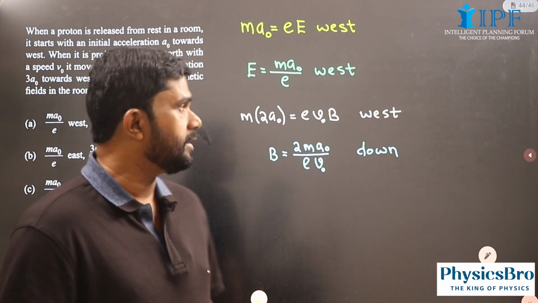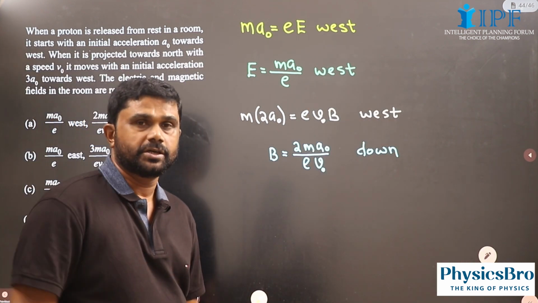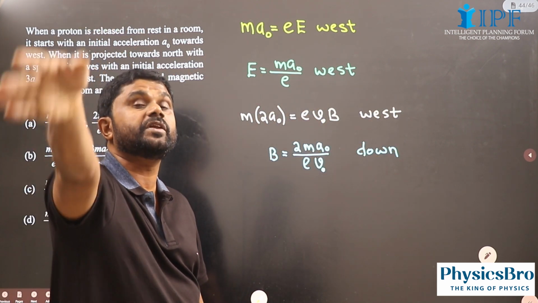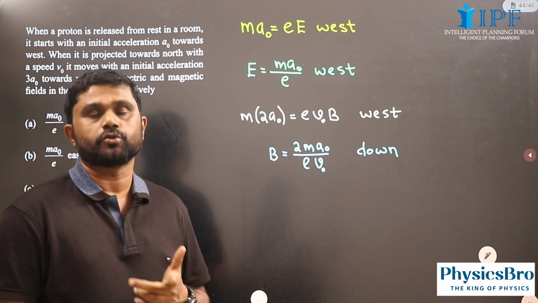Now let's see. When it is projected towards north, suppose this is north, so this will be south, this will be east, and this will be west. We have to use Fleming's left hand rule.